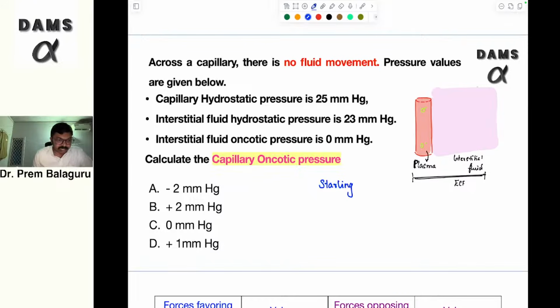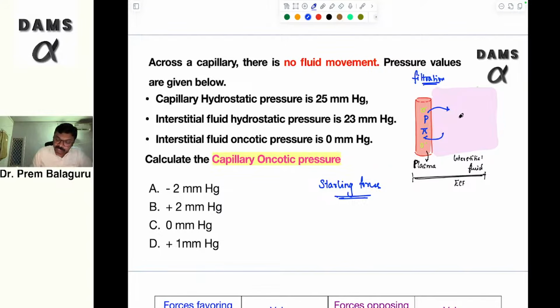When it comes to Starling forces, if you are looking at the process of filtration, the hydrostatic pressure, which is represented by P in the capillary, will be driving the fluid out of the capillary, and the oncotic pressure, which is represented by pi in the capillary, will be pulling the water into the capillary. So within the capillary, hydrostatic pressure favors filtration, oncotic pressure opposes filtration.